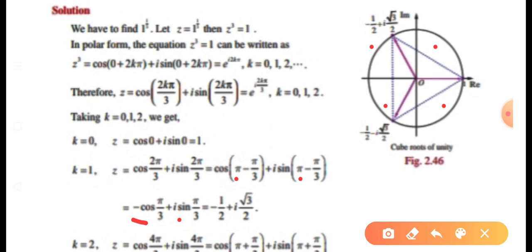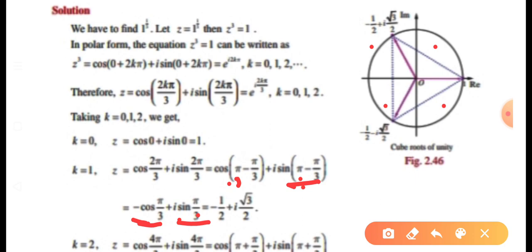Sine finished. Next, the value: π means 180. In 180, how many 90 degrees are there? 2 90s. 2 is an even number. So sin θ gets sin θ, cos θ gets cos θ. So cos of π minus π by 3 is equal to cos π by 3, and sin of π minus π by 3 is also equal to sin π by 3.